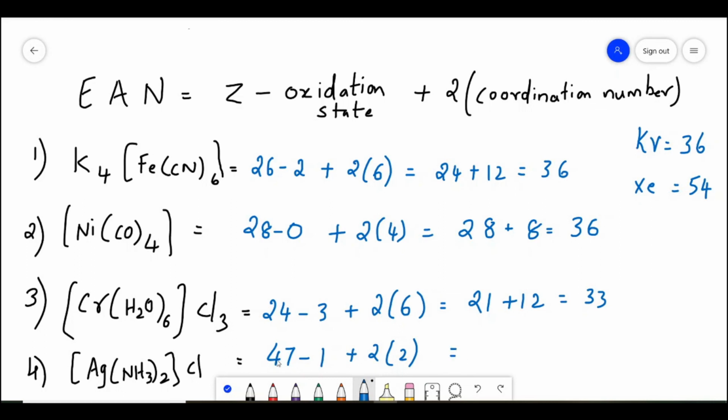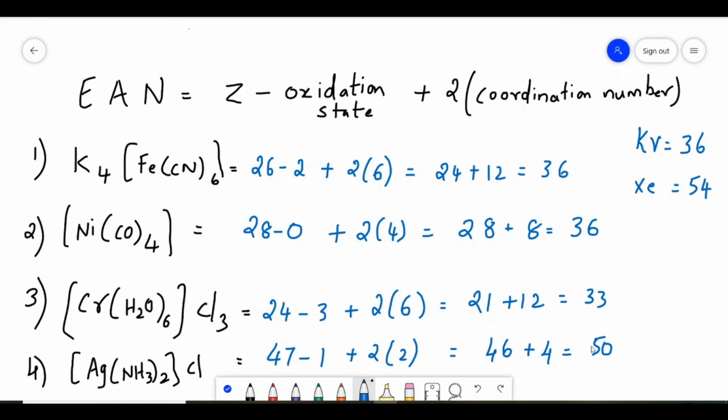This is 46 plus 4, which is equal to 50. This is nearest to xenon, but less than the number of electrons of xenon. So this is how we find the effective atomic number of any given complex.